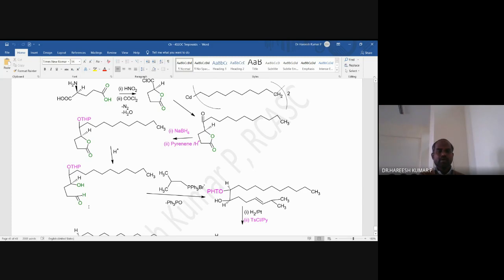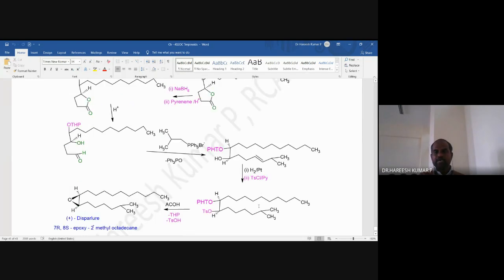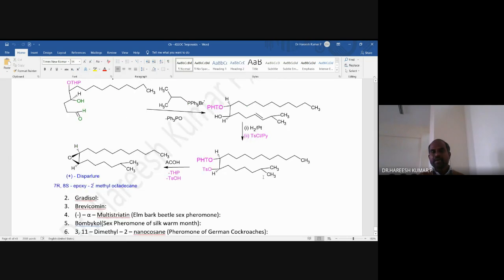Afterwards, what will happen? This was treated with ylide. Ylide replaces this oxygen, forming a double bond like this. And this double bond is reduced to a single bond when it is subjected to catalytic hydrogenation, that is hydrogen in presence of a platinum catalyst.